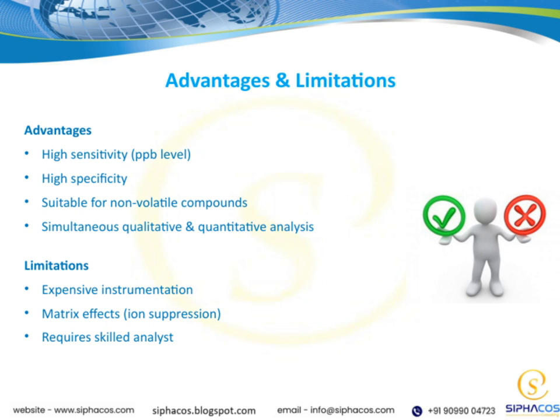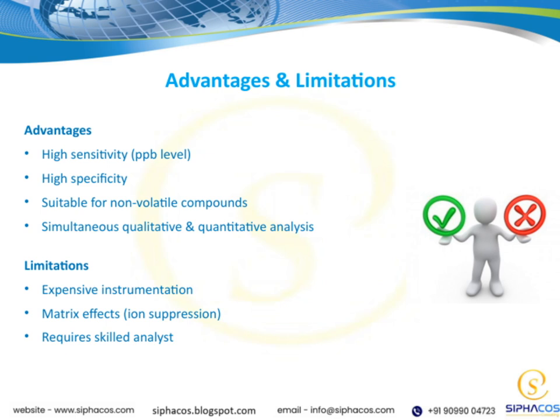Now, turning to the limitations, one major factor to consider is that the instrumentation can be quite expensive. This means significant investment is needed to set up and maintain the equipment. We also face challenges with matrix effects, such as ion suppression, which can interfere with accurate measurements depending on the sample matrix.